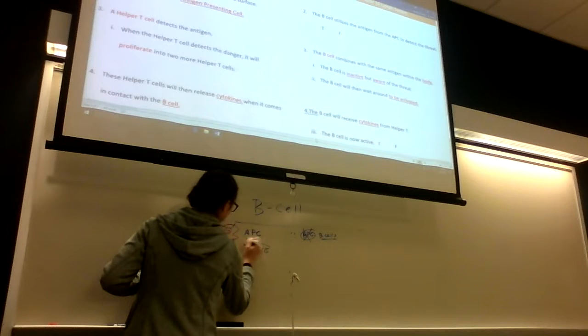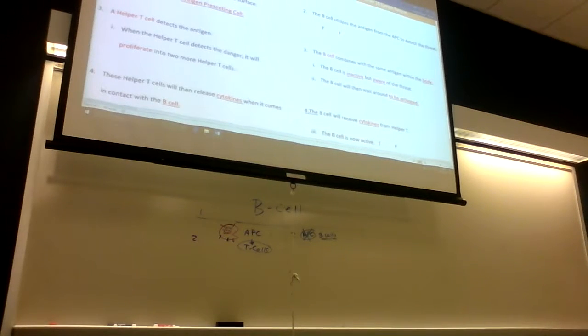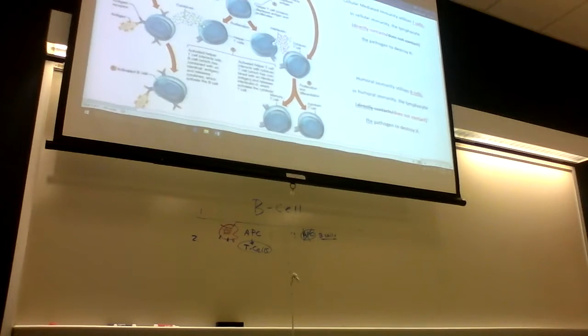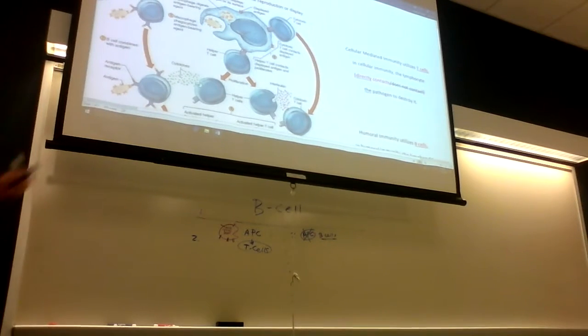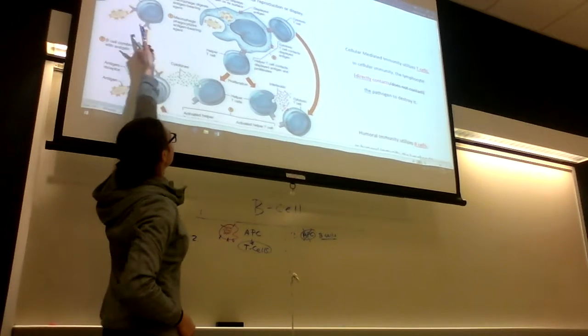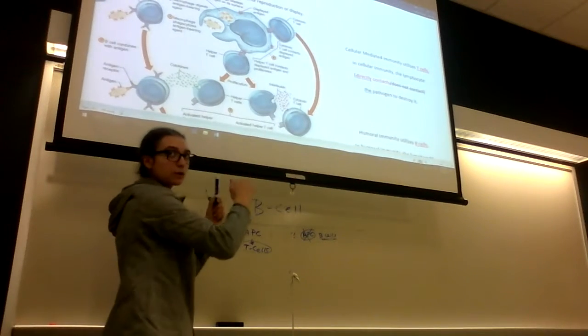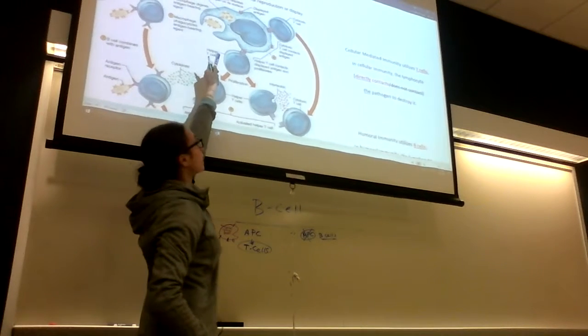When we scroll back up to the picture, you see how this is happening at the same time? This happens at the same time, and then this happens at the same time. It's kind of going down, in order. Your B cell isn't touching your antigen-presenting cell. However, your T cell is.